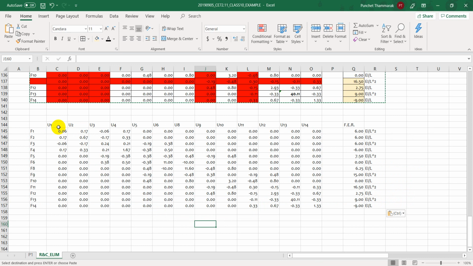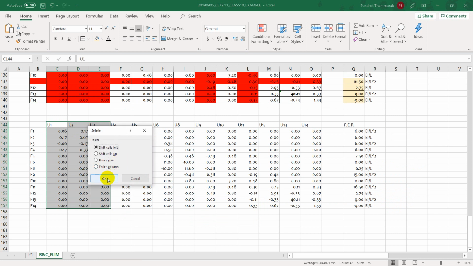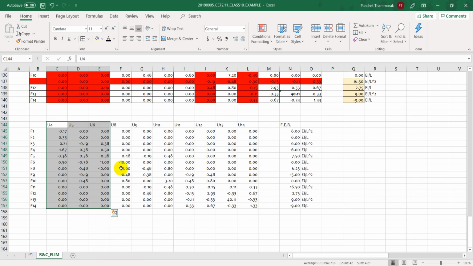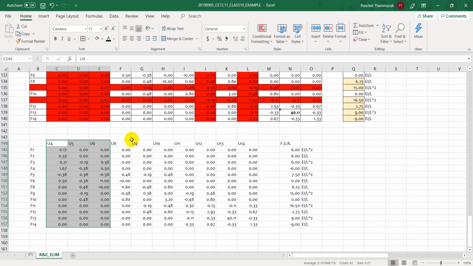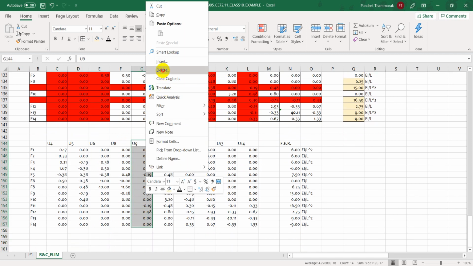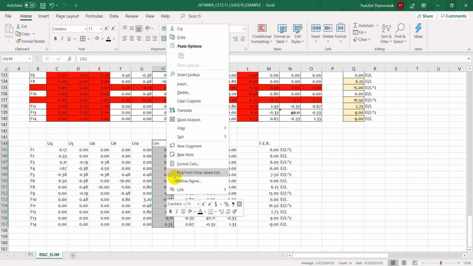So 1, 2, 3, we don't keep them. Delete, shift cell to the left, and we delete the 9 and 11. The 9, delete, the 11, delete.